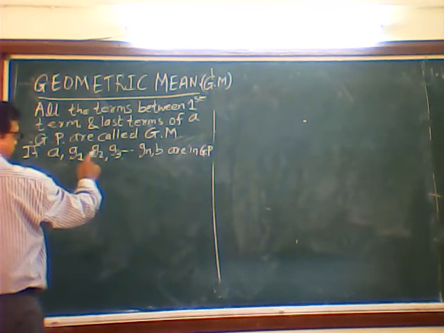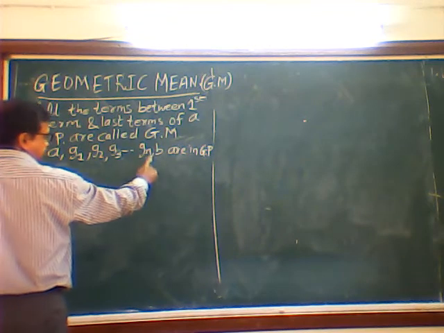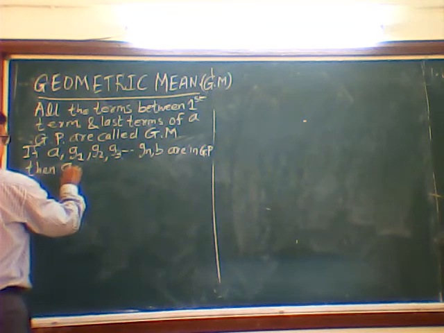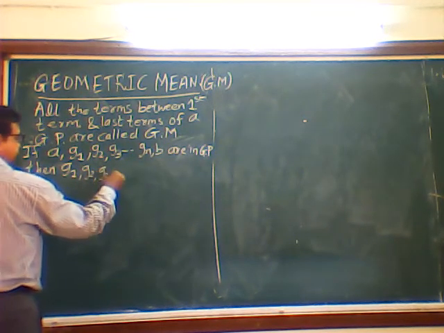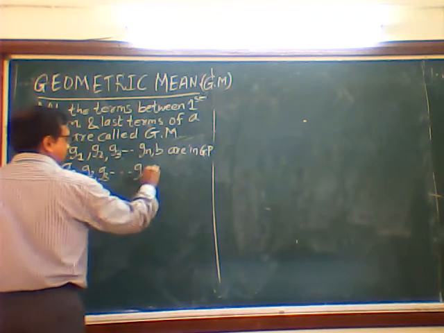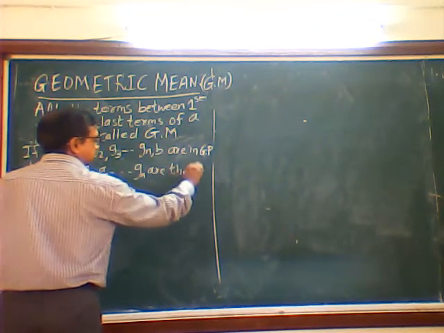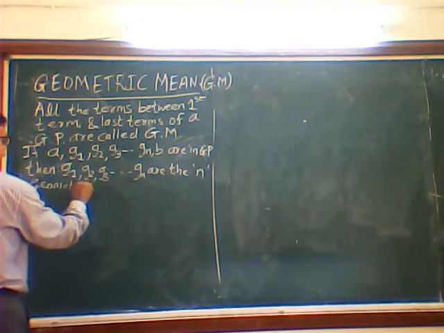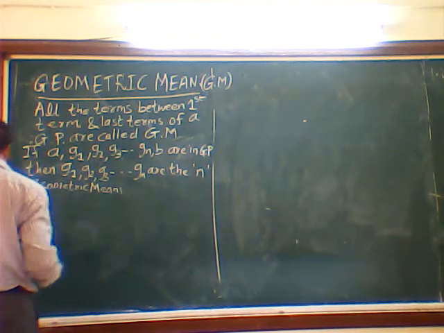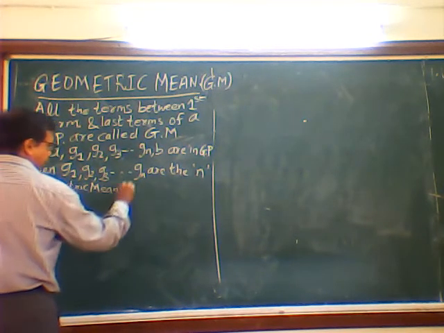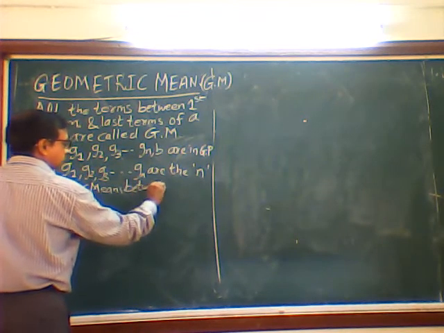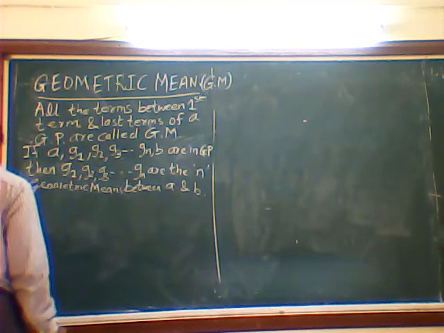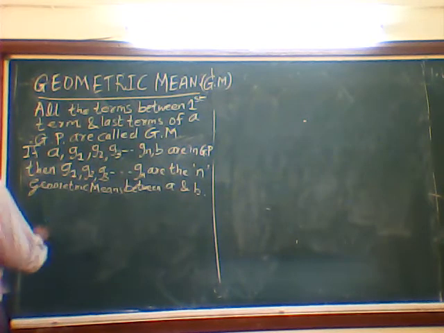If A, G1, G2, G3, ... Gn, B are in GP, then G1, G2, G3, ... Gn are the n geometric means between A and B.